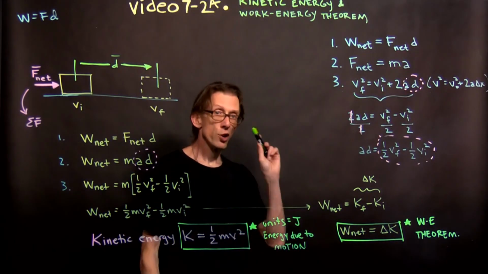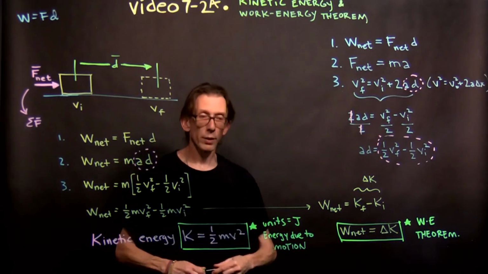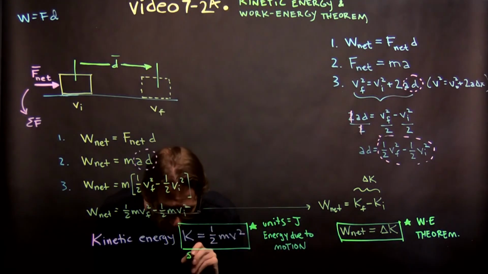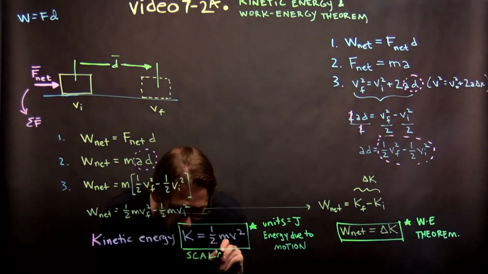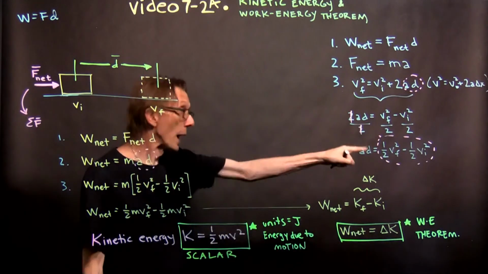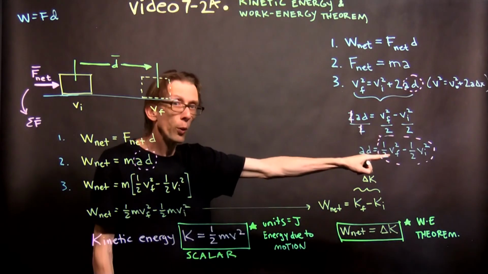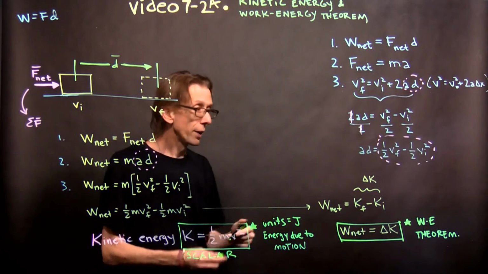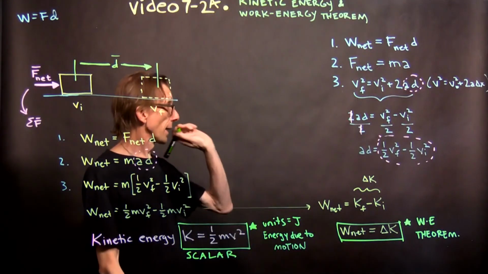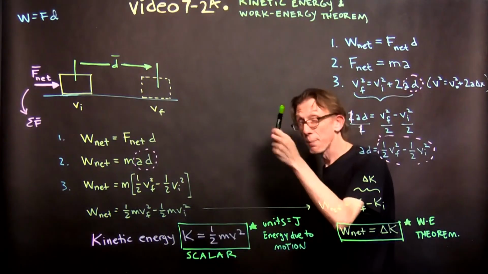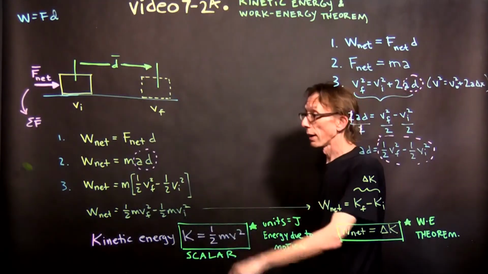But note, just like work, this is hugely important, kinetic energy is a scalar. Even though I threw my pen that way, kinetic energy has no direction to it. Okay, so that pen flying that way has the same kinetic energy as the same pen thrown with the same speed that way.